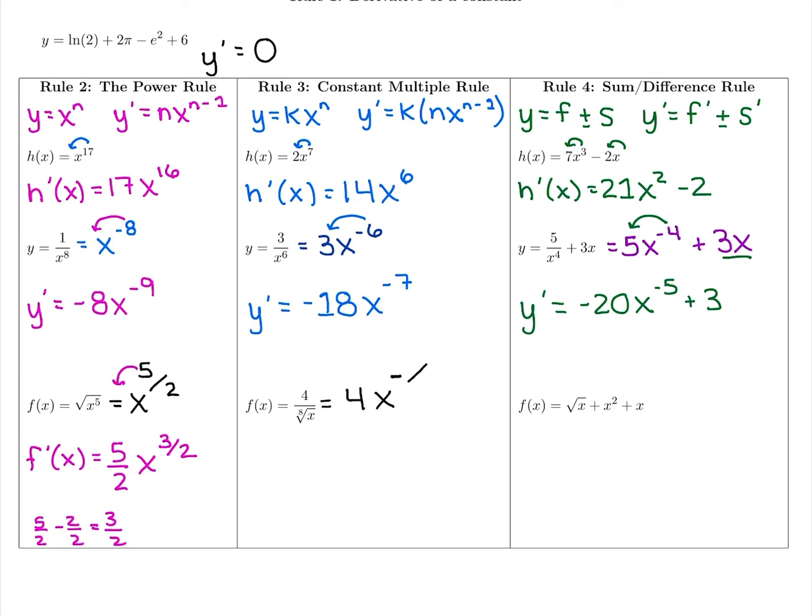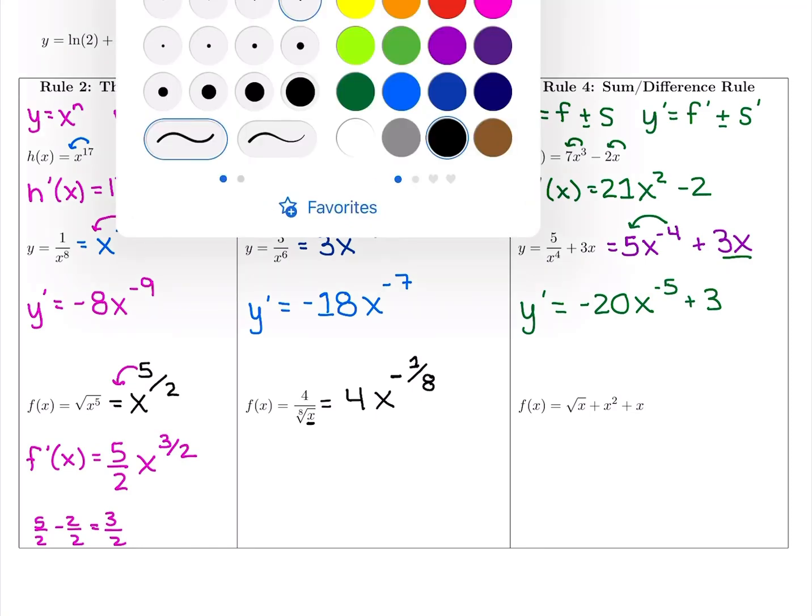So this one's a negative fraction, negative because it was in the denominator, and a fraction because it was a root. So to rewrite these roots, it's always the power over the root. So if it's just a regular x in here, that's x to the 1st power, and it's under the 8th root. So power over root ends up being 1 over 8, and it's a negative 1 over 8 because we pulled it out of the denominator.